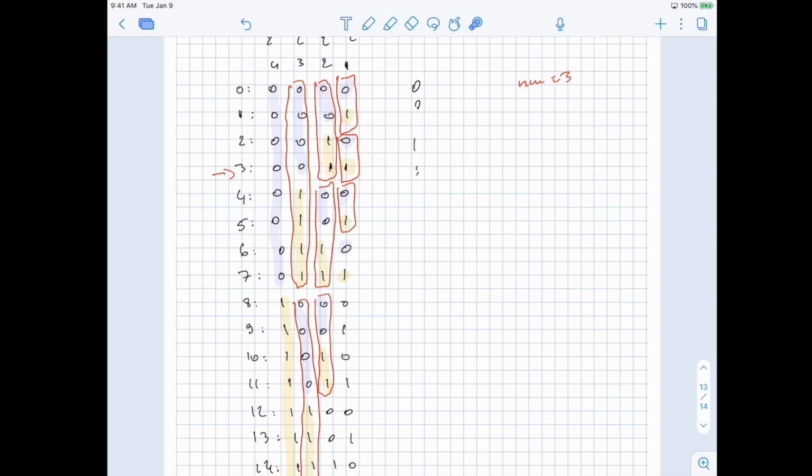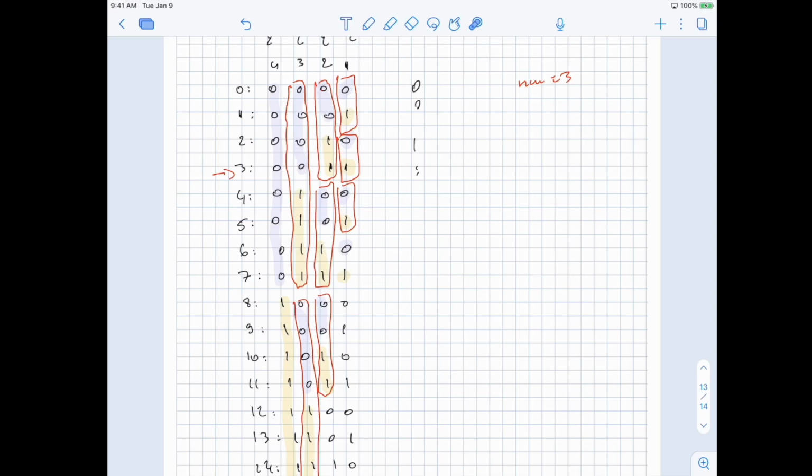The second group has 2 ones. The third group has 0 ones up to 3, and the fourth one has 0 ones. Okay, so we just need to count 2 plus 2 to get 4. That's how it will help us, because it's easy to identify, for up to that number, for each group how many ones are there.